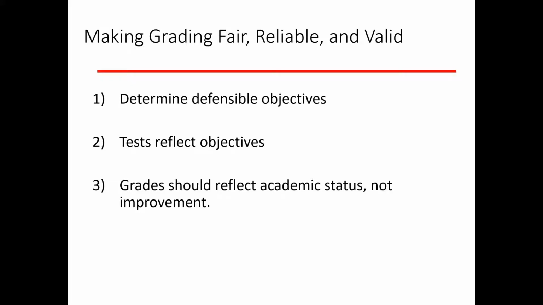Your ability to achieve the sufficient criteria necessary to pass the class with a C or C minus or better is your academic status. So if you scored, say, a 50 on test 1, and then you scored 100 on test 2, and that's 100% or 200% improvement, that does not mean that you should score higher than someone who scored 80% on the first exam and 80% on the second exam, and they didn't improve.